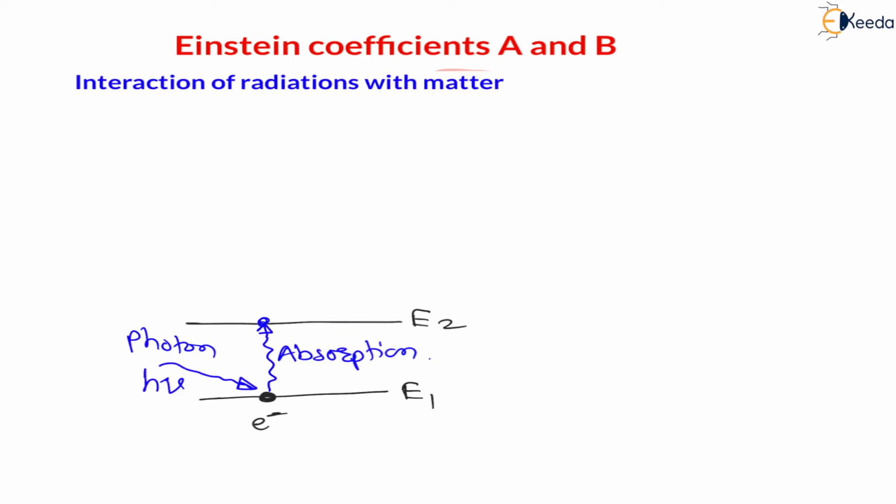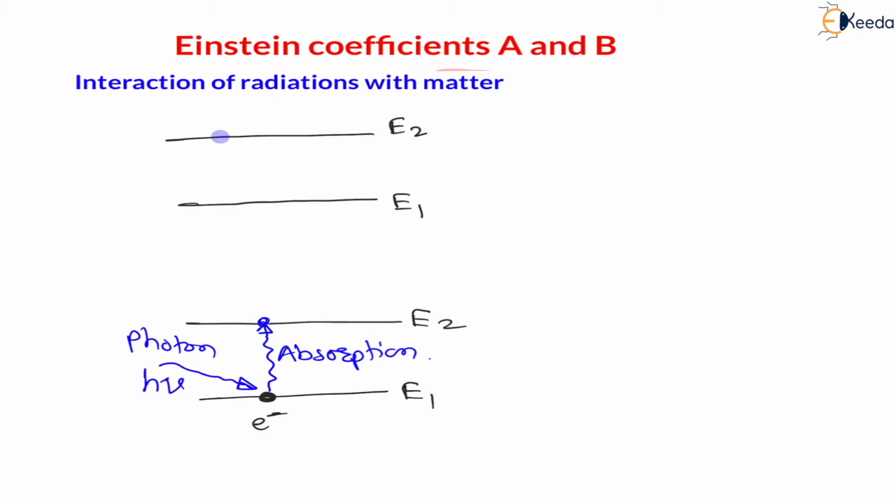Now my dear students, let us say after this absorption, this electron is moving. Here only one electron I am considering, right? After absorption condition I am showing you. See, this is E2, this is E1, right? Now after absorption, the electron is at the higher energy level.